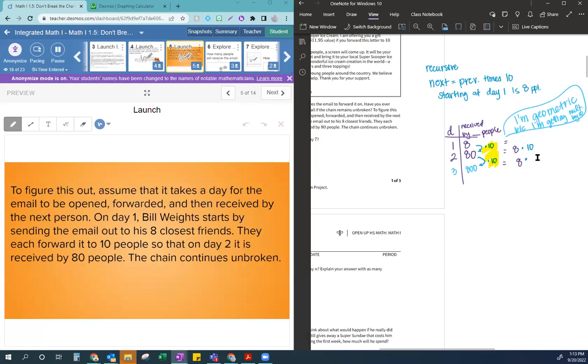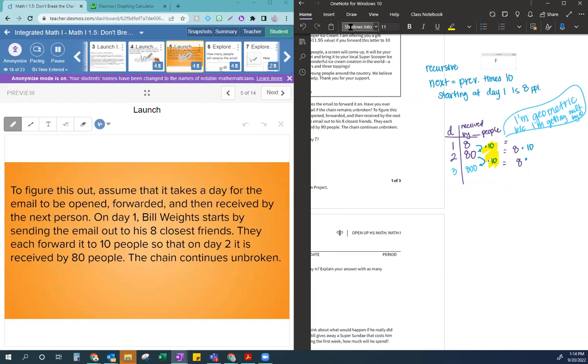So while this catches up here, your recursive formula in Mathland is going to be, and I'm going to type it so it'll actually catch up to me faster, is going to look like this. Okay, so it's going to look like this.